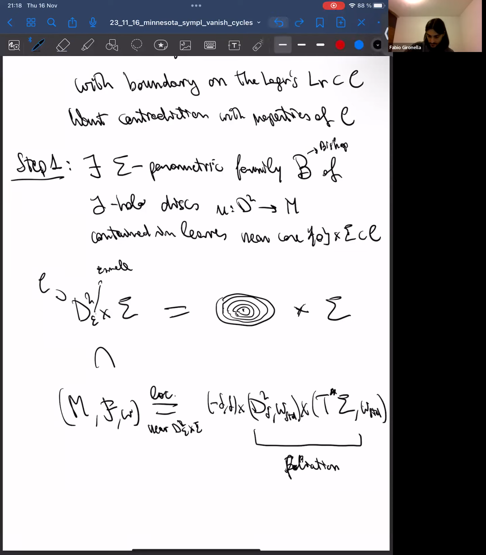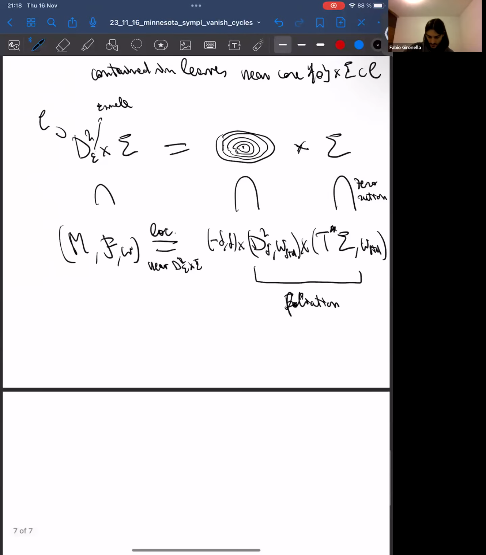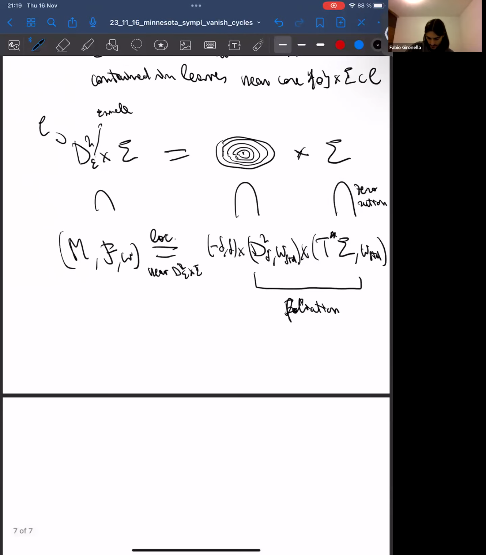Oops, sorry. And how is this object sitting inside there? That's what we need to understand. In fact, this factor sits as the zero section in there. And this other object sits as follows. This arrow here, let me write it there.